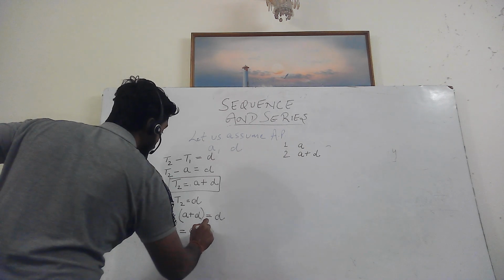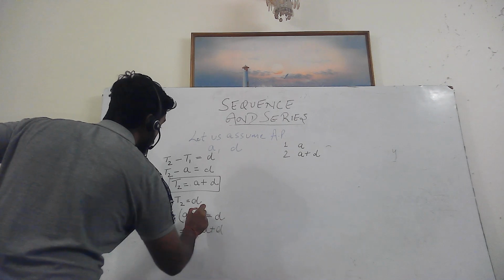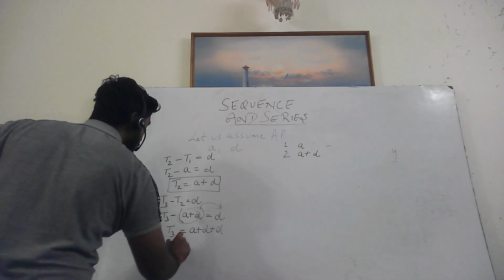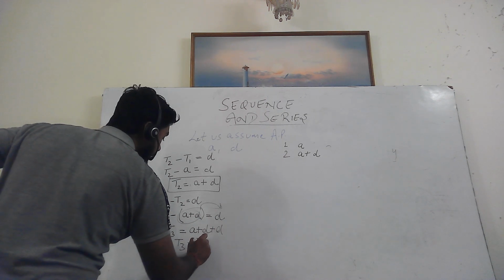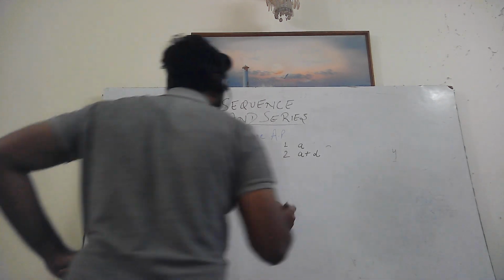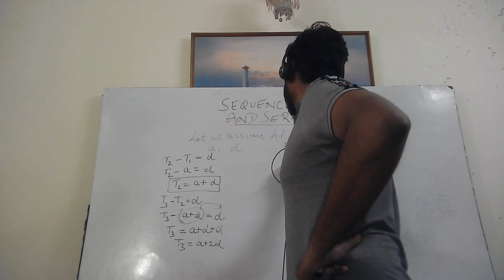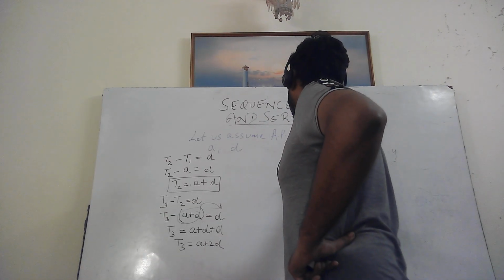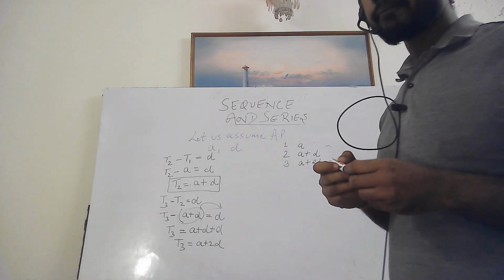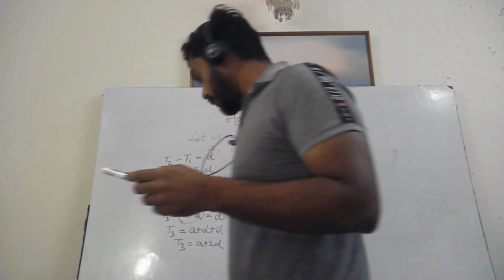A plus D plus D. I've taken this whole thing on the right hand side. So the T3 becomes A plus 2D. Pretty simple. The third term is coming out to be A plus 2D. Clear? Let's talk about the fourth term.